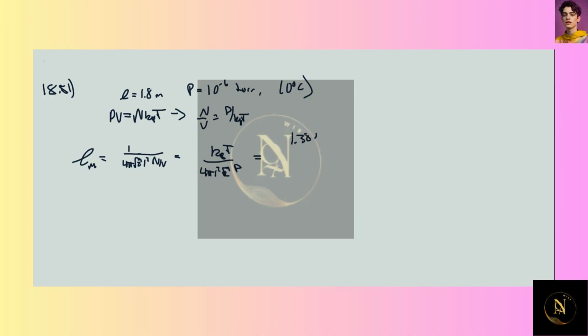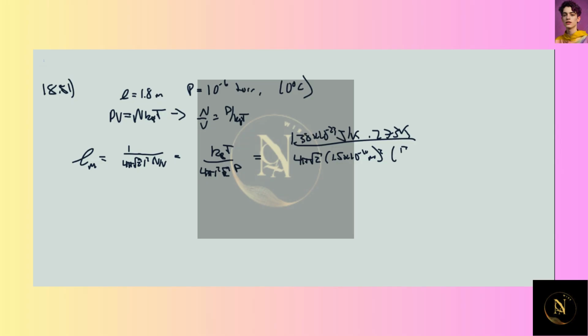So 1.38 times 10 to the negative 23 joules per Kelvin times 273 Kelvin all over 4 pi root 2. And then for the molecule radius, we're going to use 1.5 angstroms squared.